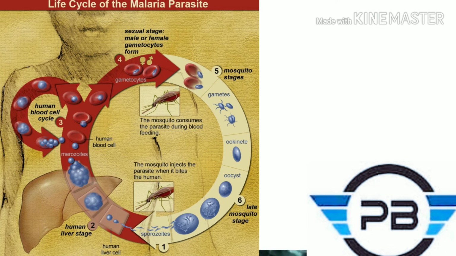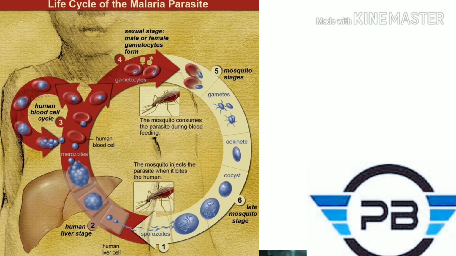Now the liver is not one single cell. The liver is made up of many cells. Let us suppose inside one cell of the liver you have these sporozoites. These sporozoites undergo asexual reproduction, so they keep on increasing in number, they multiply themselves. Then it becomes so much that that particular liver cell will burst. When it bursts, the spores inside it get released in the bloodstream.